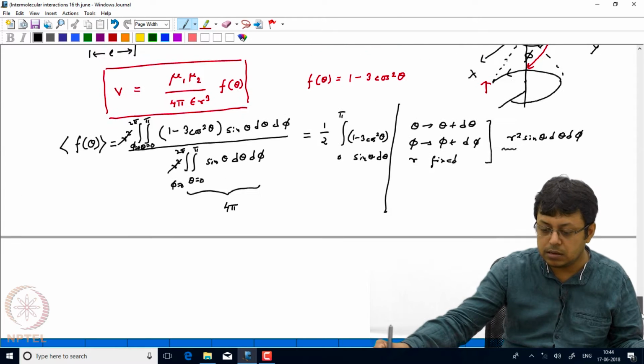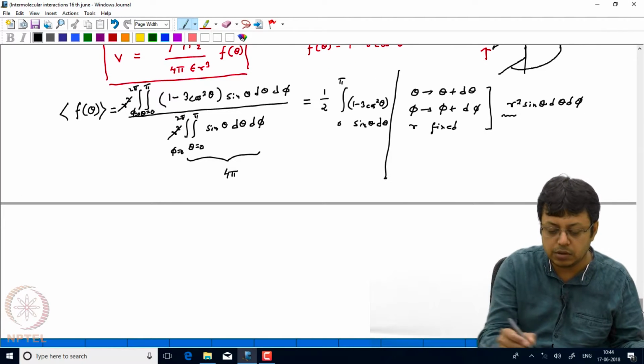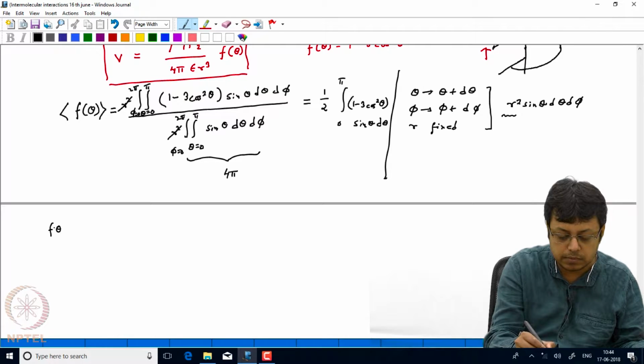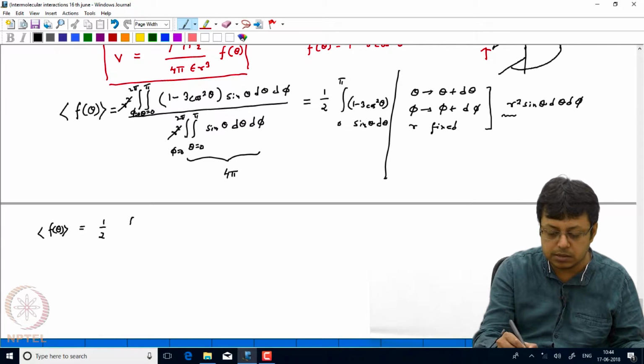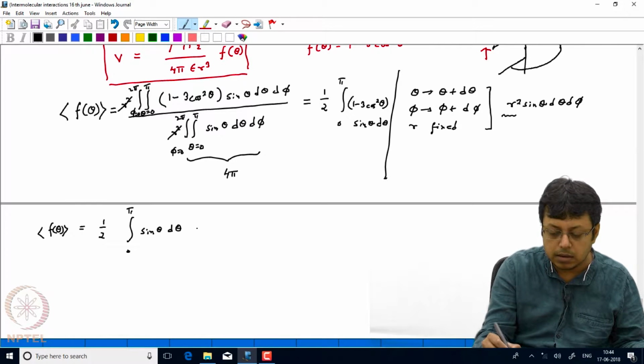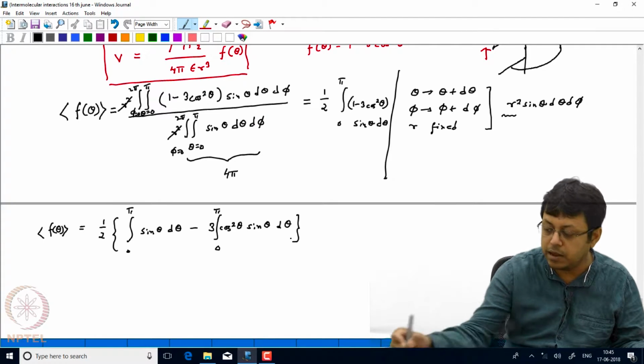So, let us just try to attempt this integration. The average value of f of theta will be half, and let us integrate. First term is 0 to pi sin theta d theta, and then we will have 3 cos square theta sin theta d theta, and that is also integration between 0 to pi, and we have an overall half factor.